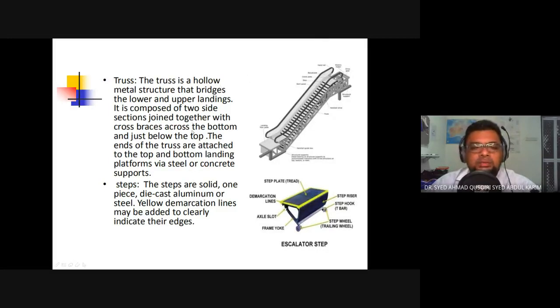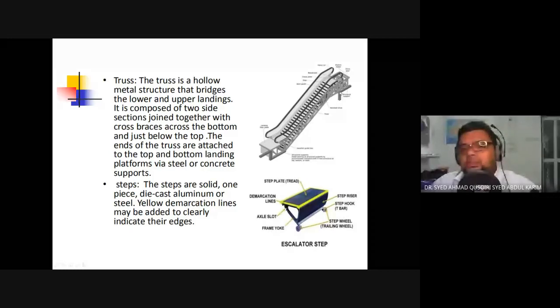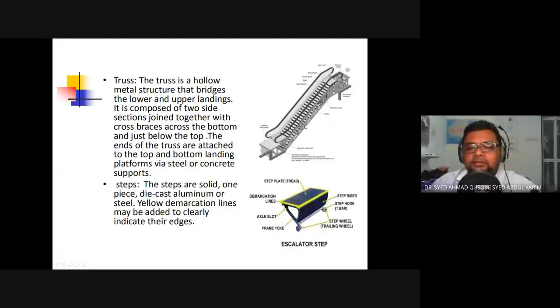Across the bottom and just below the top, the ends of the truss are attached to the top and bottom landing platform with a steel or concrete support. So this is the structural support, either from steel or concrete. And then we have the zigzag pattern that provides strength to the escalator.